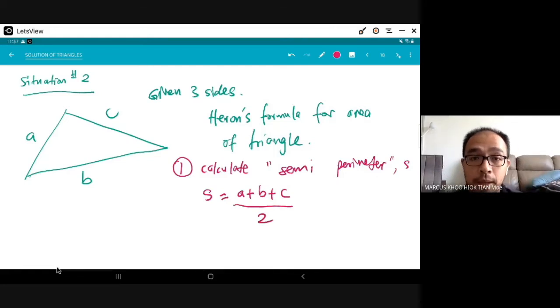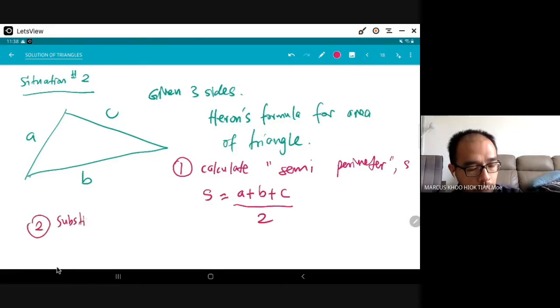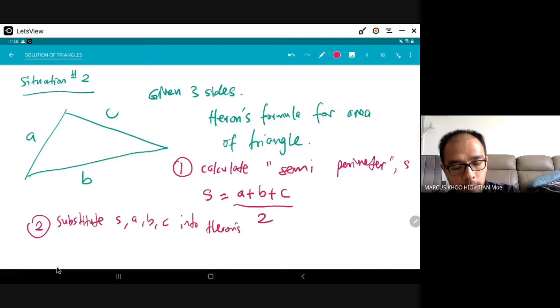Step number 2, substitute S, A, B, and C into Heron's formula. And this is Heron's formula.